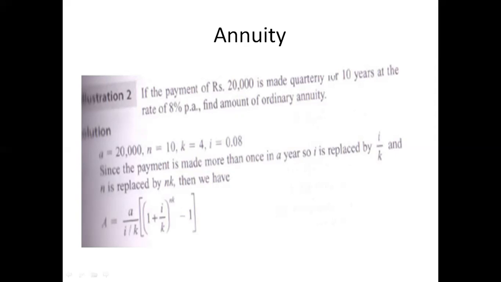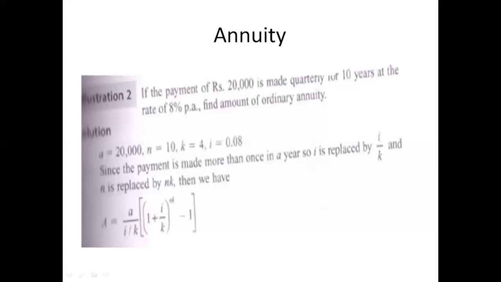Now the interest is paid quarterly, that is 4 times a year, so we have N into K. A is equal to 20,000, N is equal to 10, K is equal to 4, and the rate of interest is 0.08.